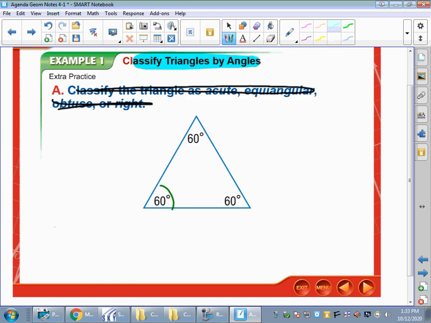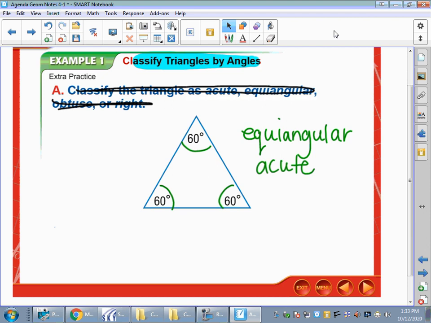Notice 60, 60, 60. So that's going to be equiangular. So I'm going to have to go back to that little box where it said classify the triangle by its angles. And this is also acute. Wouldn't you agree that all three angles are less than 90 degrees? So it's equiangular and it's acute.